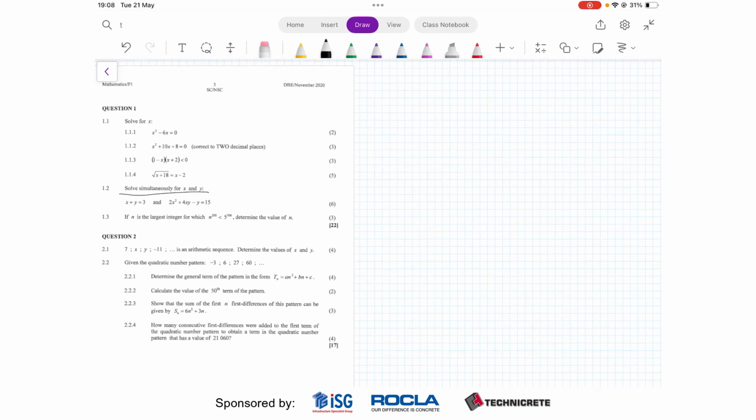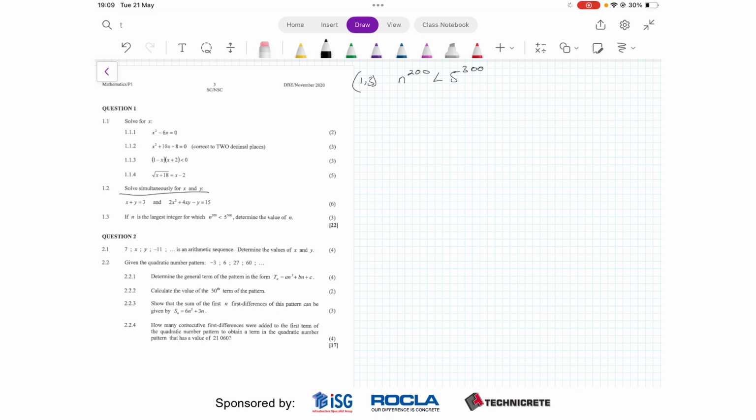Question 1.3 tells us that if n is the largest integer for which the number n to the power 200 is less than 5 to the power 300, determine the value of n. Now, we are told that n to the power 200 is less than 5 to the power 300.